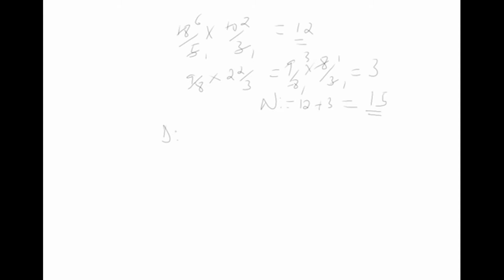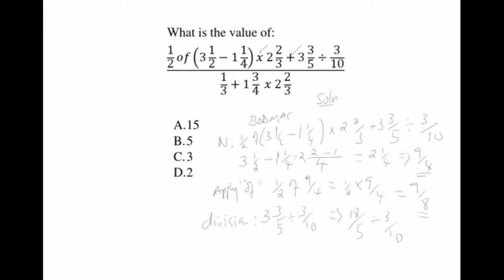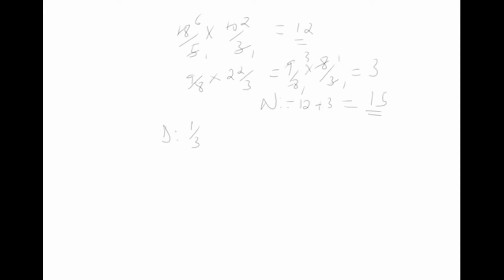So our denominator is 1/3 plus 1 3/4 times 2/3. Then we start with the multiplication.